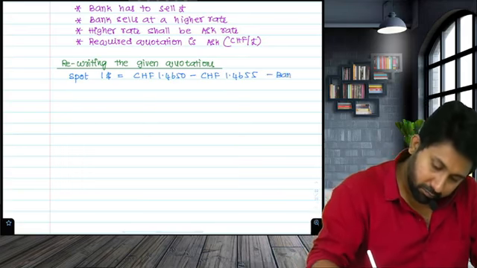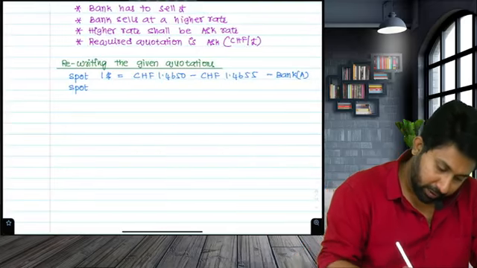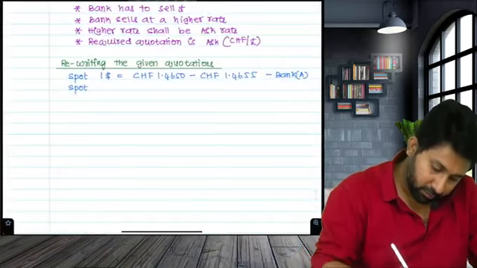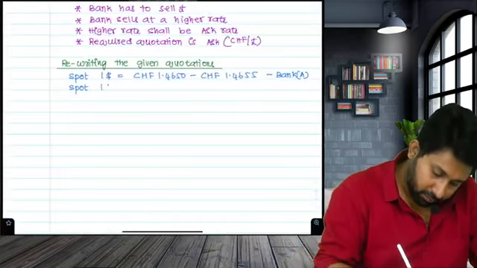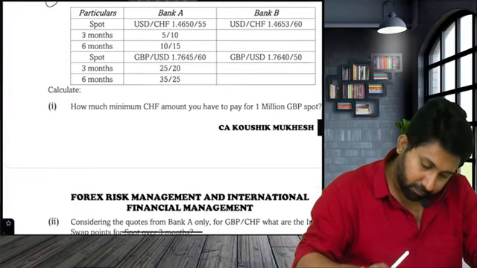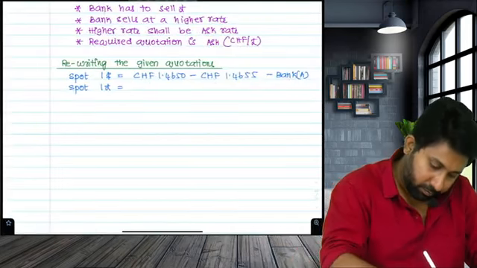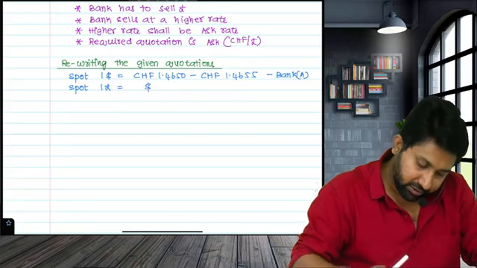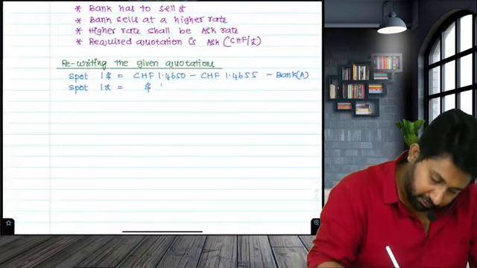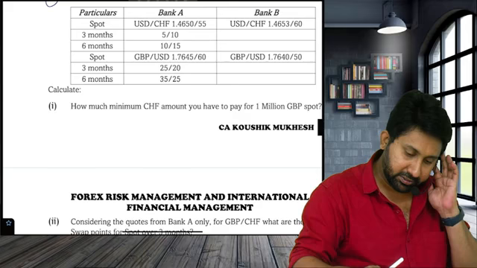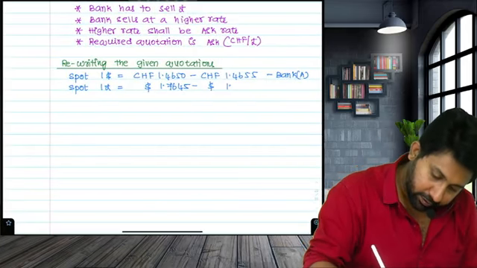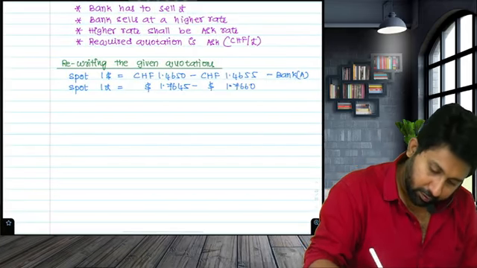Bank A. Okay. Spot: 1 pound equal to dollars 1.7645 dash dollars 1.7660.